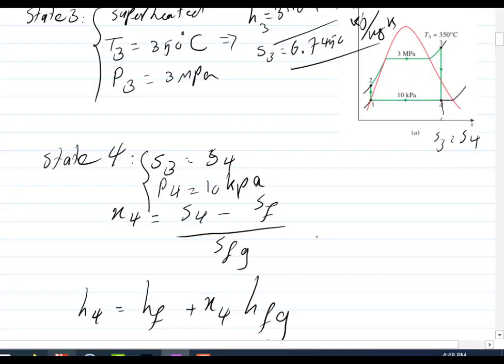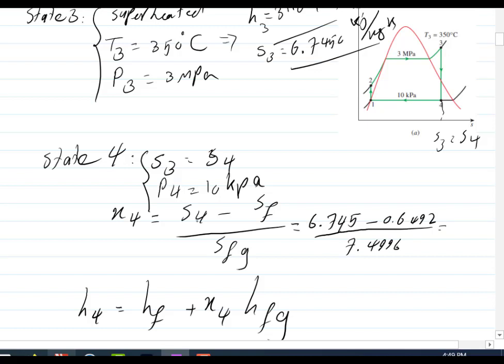Okay, now we found the required information to solve this equation. We have s4. Here s3 is equal to s4, so we just substitute the values. It's 6.475 minus sf, we found from the table, 0.6492, divided by sfg, which was 7.4996.